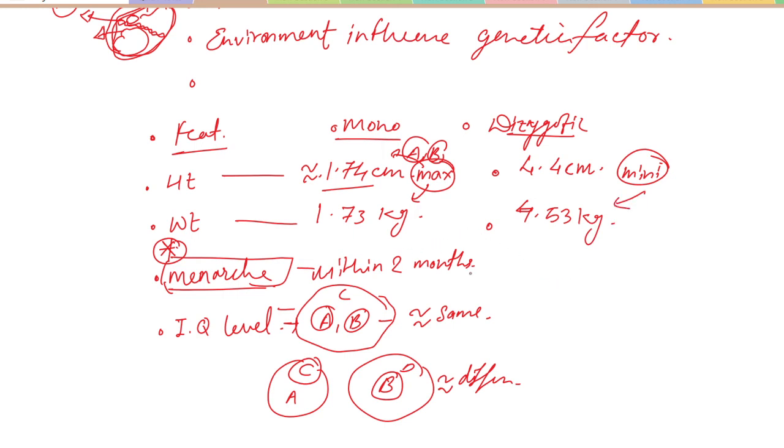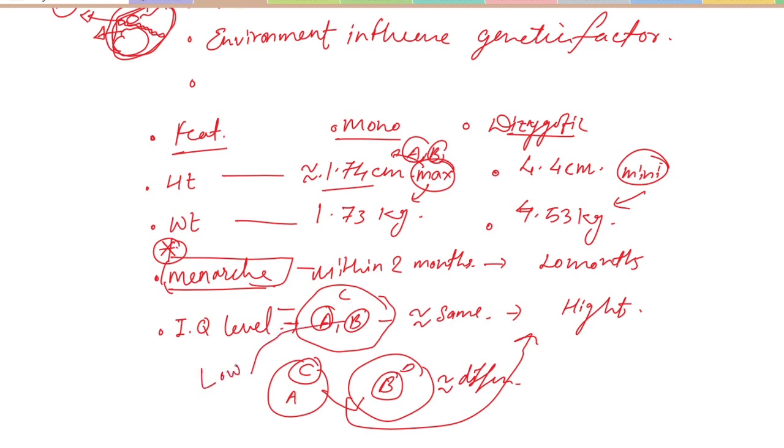The difference in the onset of menarche is 10 months. And if we did a similar experiment here, we find that the difference between the IQ is very high, whereas in monozygotic twins the difference is low.